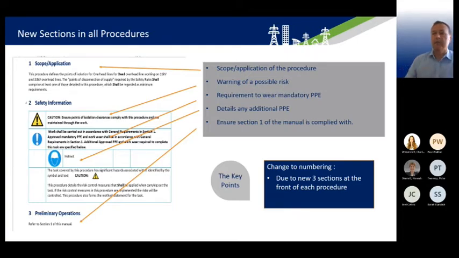Then you've got mandatory requirements, which is the use of PPE, the approved mandatory PPE, and then any additional PPE is detailed below. In this case, the procedure needed the use of a helmet, so that's detailed there. Then the next section is the preliminary operations, which refers back to section 1 of the manual. That's everything you need to do in preparation before you carry out a procedure. And then you're into the normal procedure, which hasn't really changed at all in terms of content.